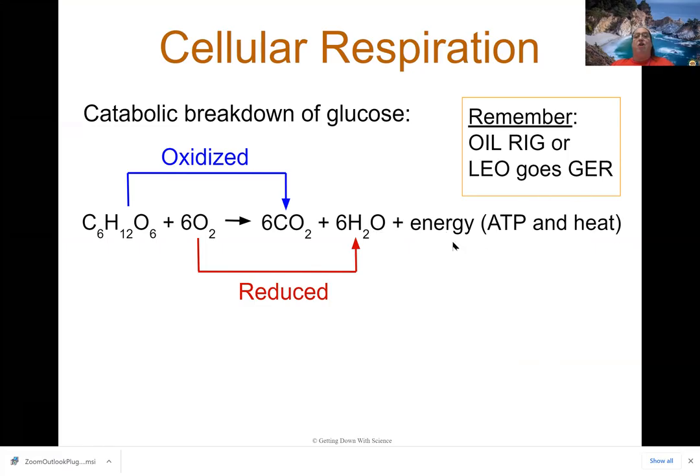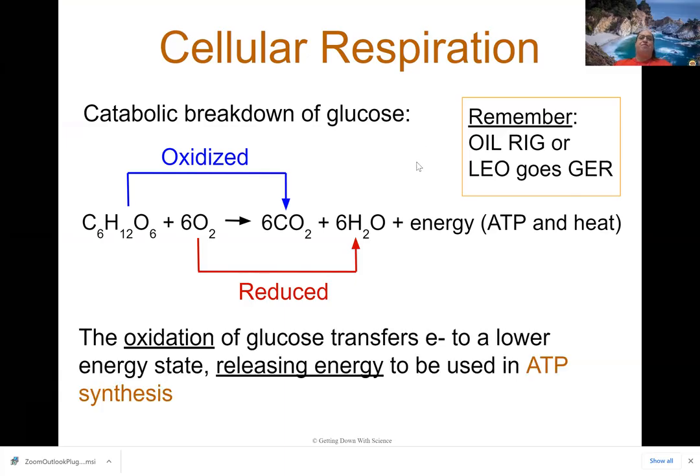And then we get our ATP and our heat energy, because remember back when we talked about the laws of thermodynamics and free energy, that we could use some of the energy in a new format, but the rest is given off as heat, remember?